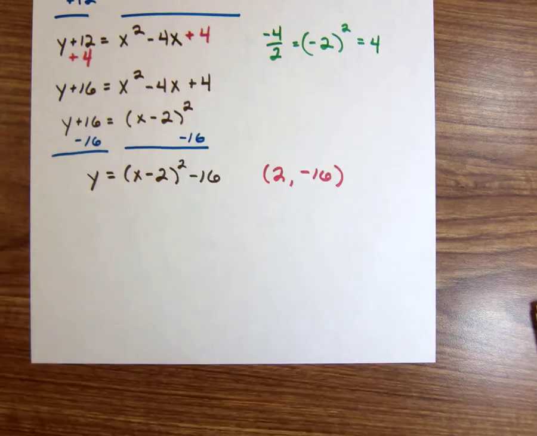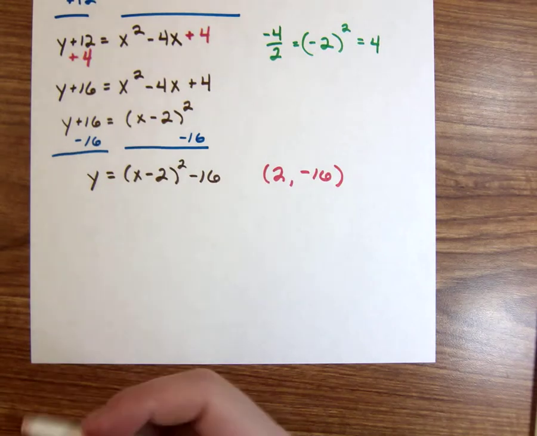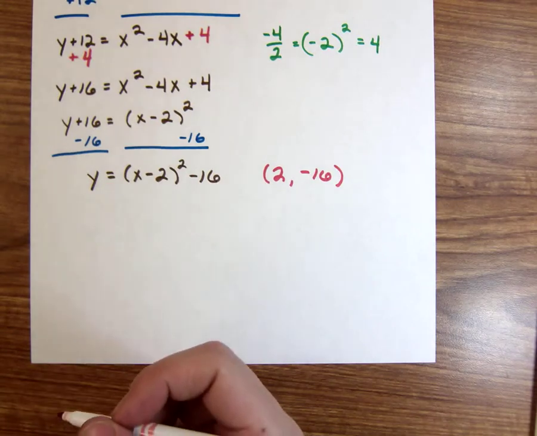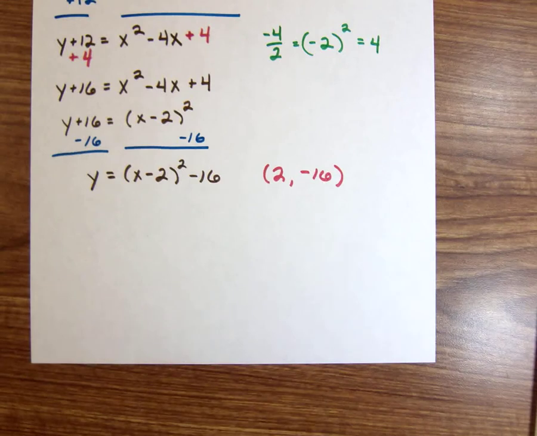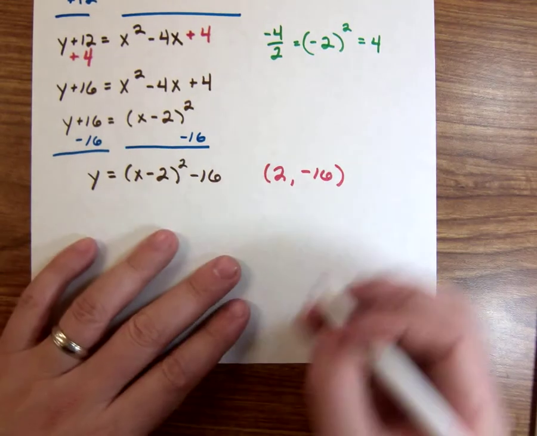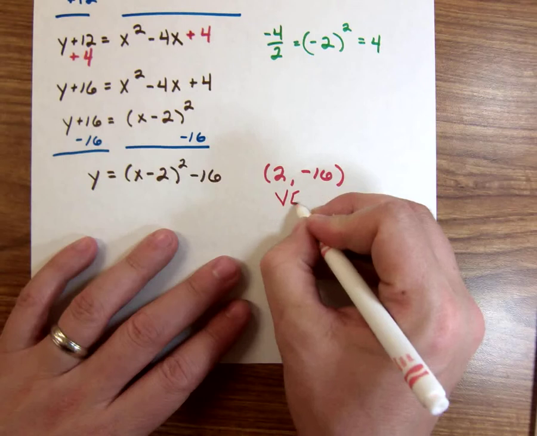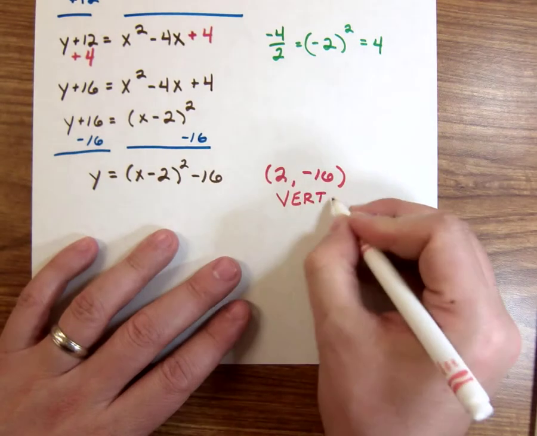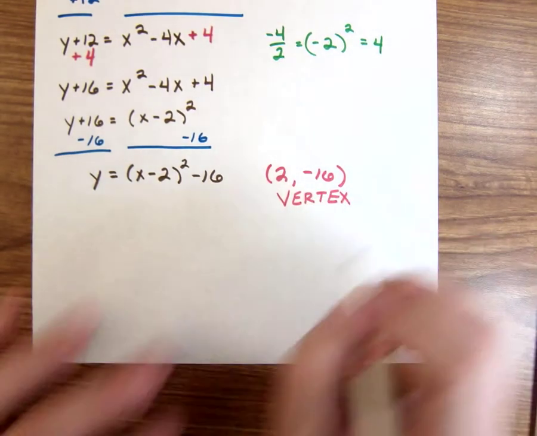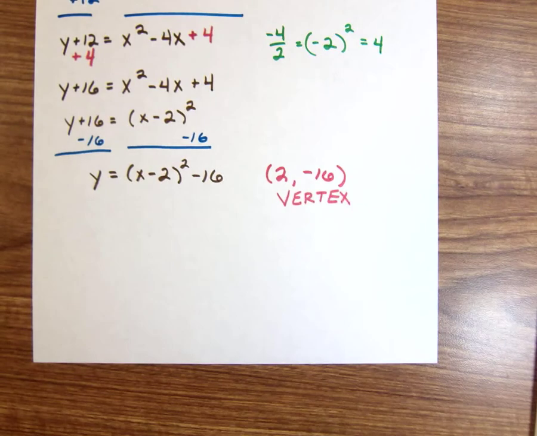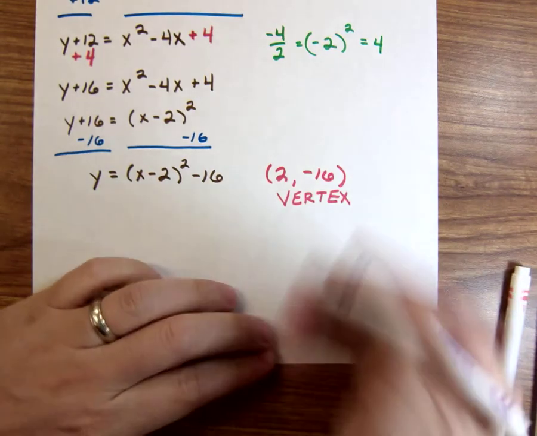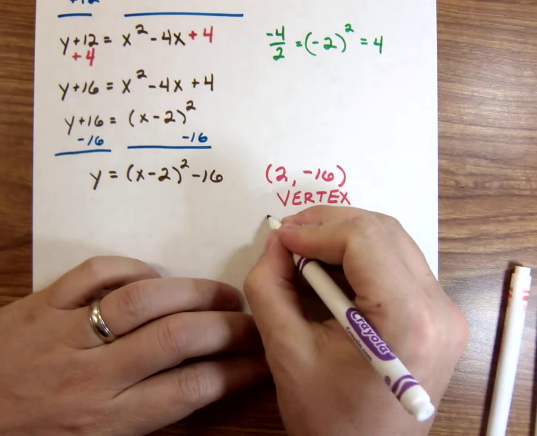Why is that relevant to us? Well, the spot where the quadratic turns around is a really important point. It's so important that we got a special name for it. It's called the vertex. The vertex is, I'm just going to write this in plain English.